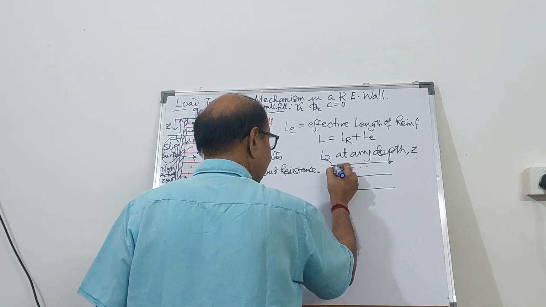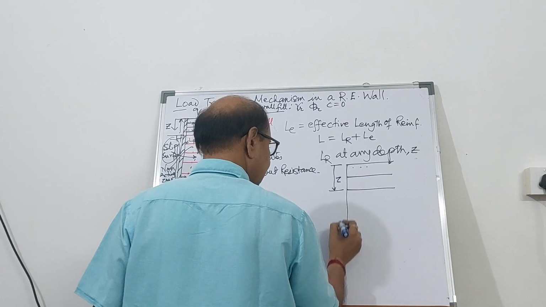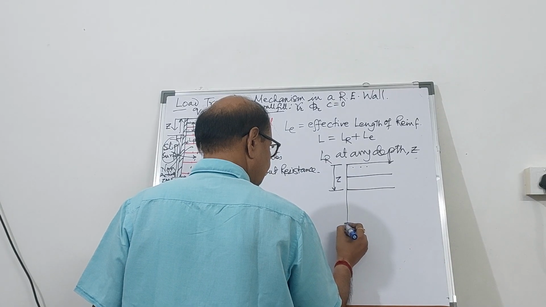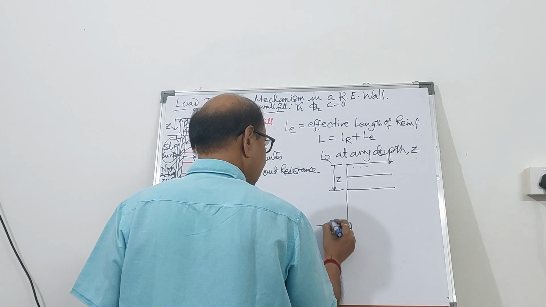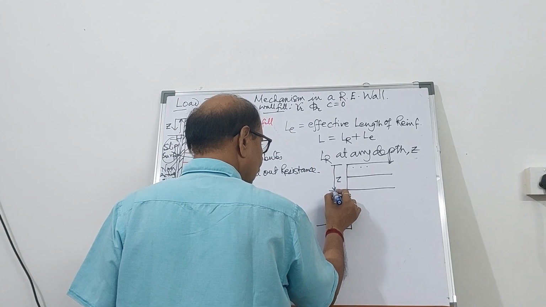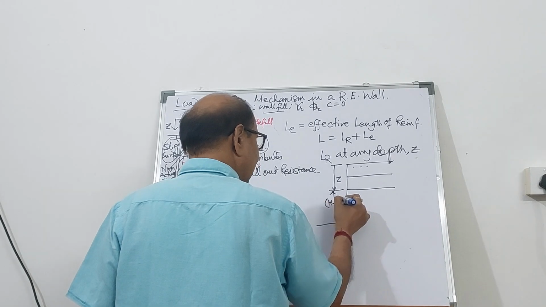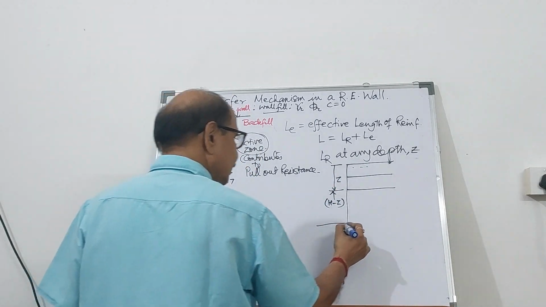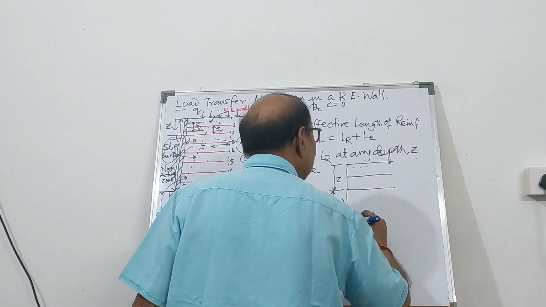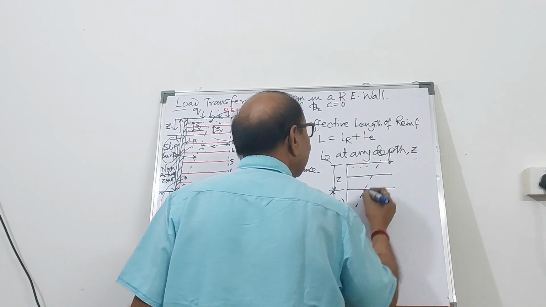Say at this depth z, and there is the pad, there is the height h. So this height becomes total height minus z, and there is the failure plane.